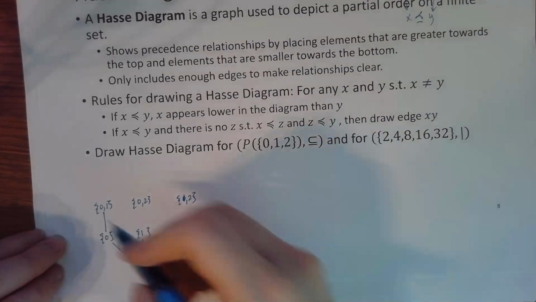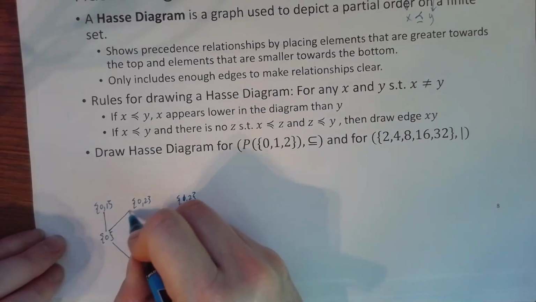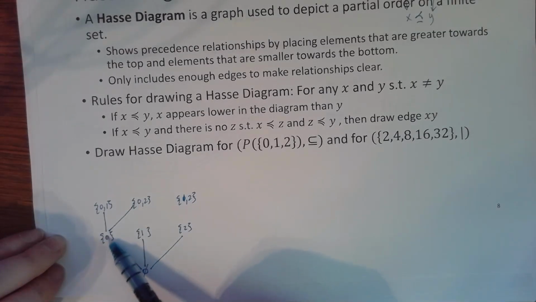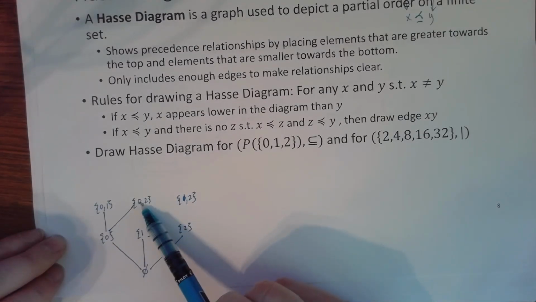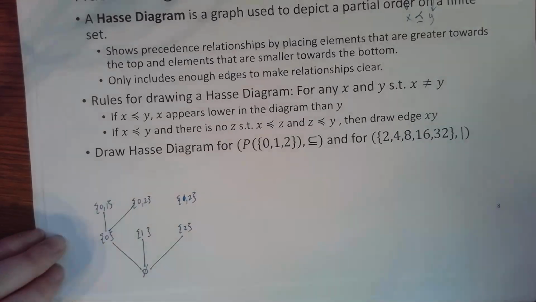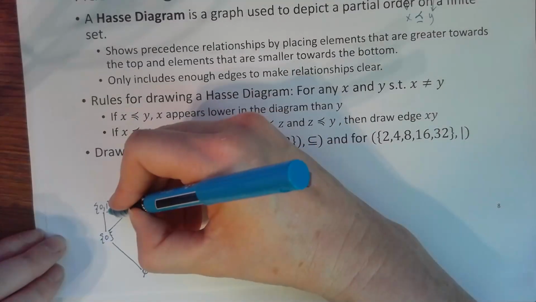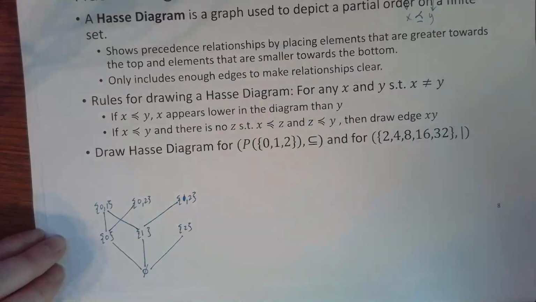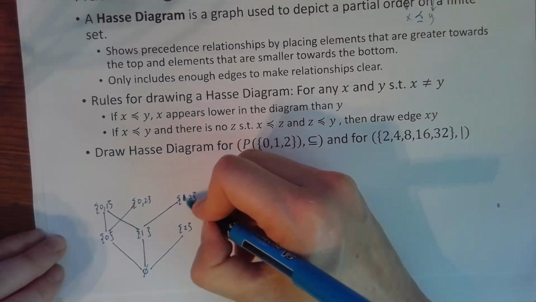Then I'm also going to have an edge from 0 to 0, 2. Again, because there's an upward path from the empty set to the set 0, 2, I know there's a subset relation there as well. And as far as 1 goes, there's a subset relationship here and a subset relationship here.